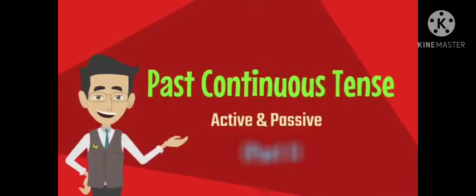The first tense of the past tense is simple past tense. Now we can start the second tense of the past tense, that is past continuous tense. Now we can discuss both active and passive voice of past continuous tense affirmative sentence or the statement.